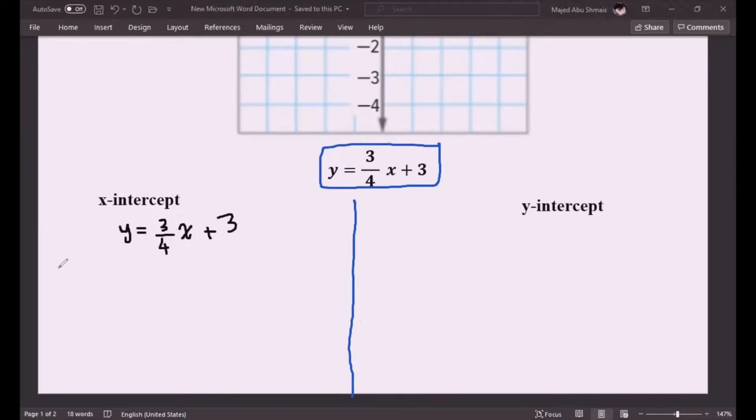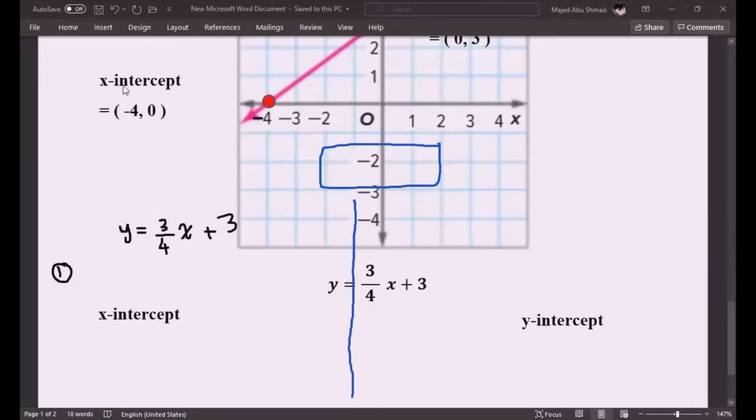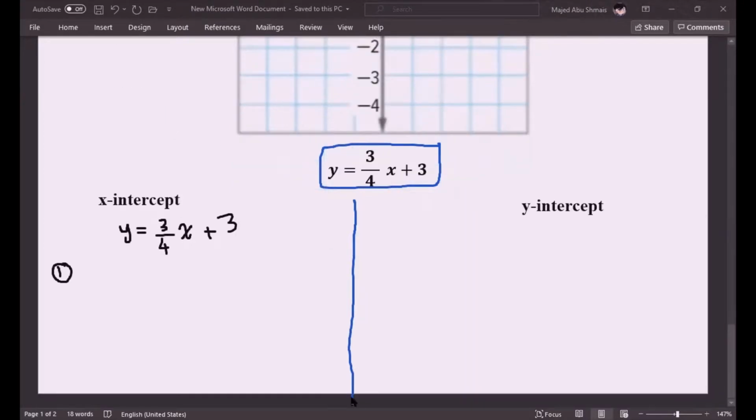Okay, the first step to do here: what did we say about the x-intercept? Once we have an x-intercept, what is the coordinate of y? The coordinate of y here is 0. We can use this result. The first step is to substitute 0 instead of y.